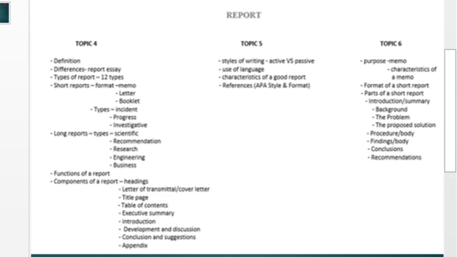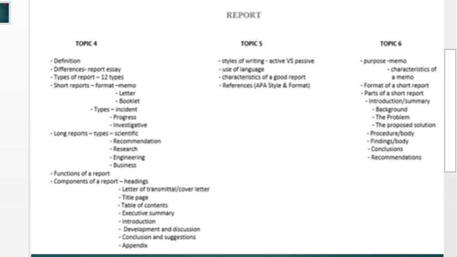That should be in the findings paragraph. Then in the conclusion you conclude the whole thing, and then you put recommendations. You recommend what should be done to solve the problem. All right, so that's all for topic 6.